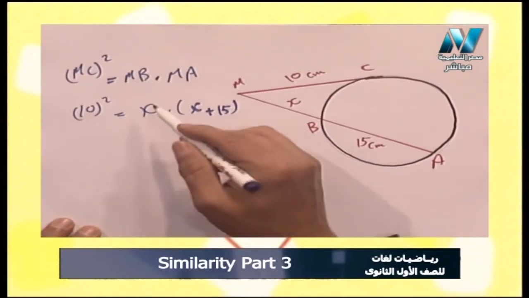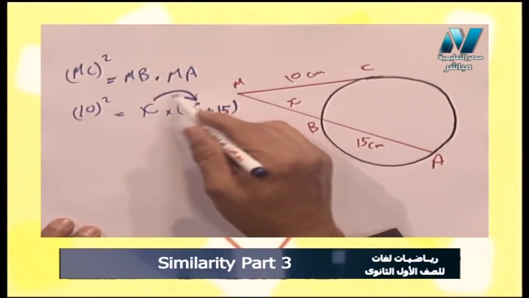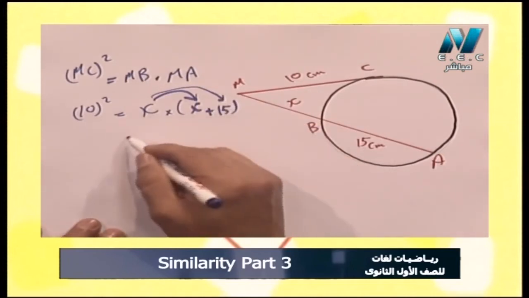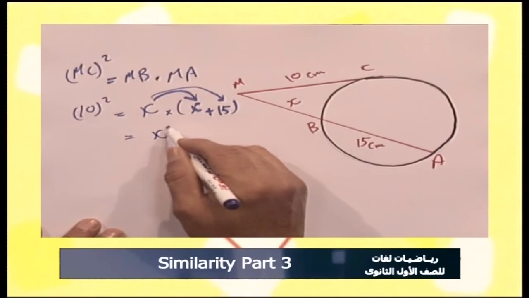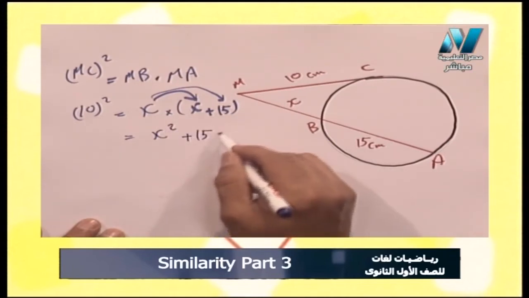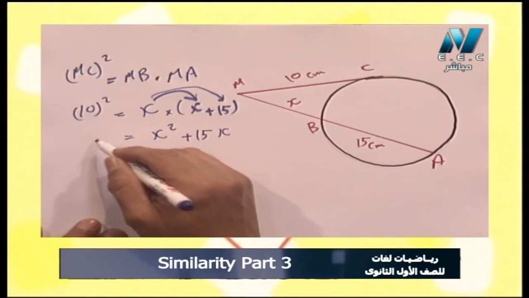We will expand x multiplied by x and x multiplied by 15. So it's x power 2 plus 15x, and this number will be 100.